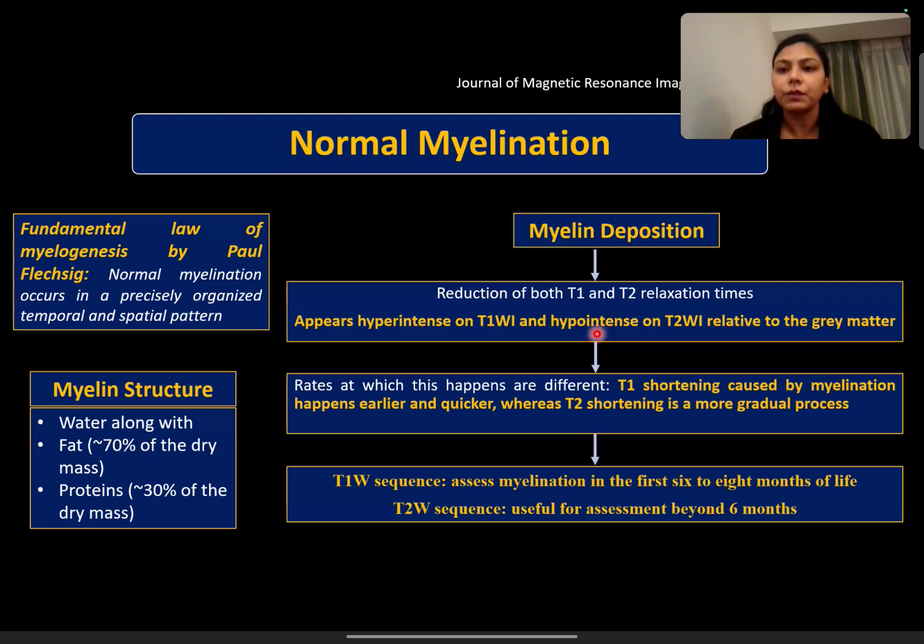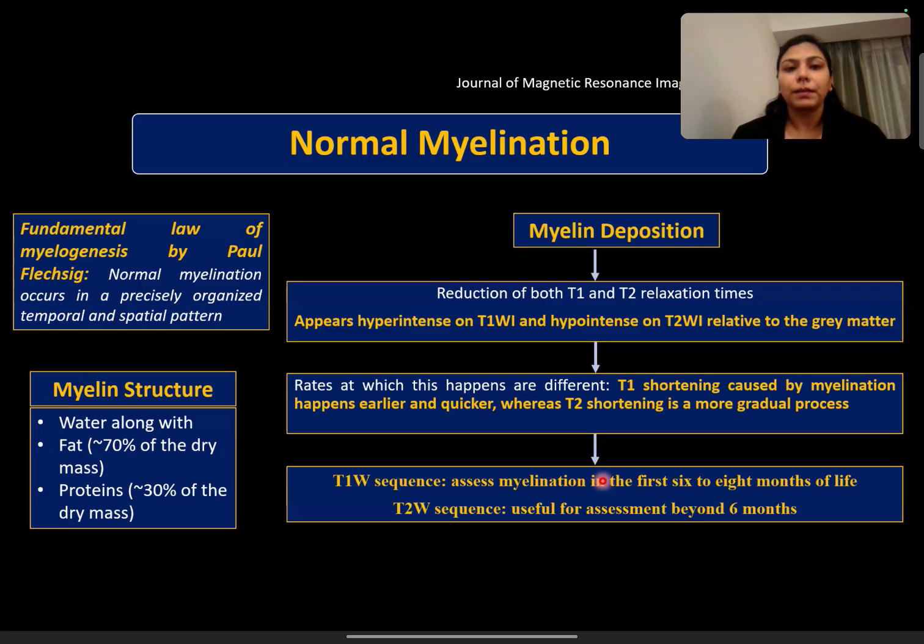But the rates at which this reduction of T1 and T2 occurs are different. T1 shortening by myelination happens earlier and quicker, whereas T2 shortening is a more gradual process. As we all know, the T1 weighted sequence is used to assess myelination in the first 6 to 8 months of life, and the T2 weighted sequence is used to assess myelination beyond that.